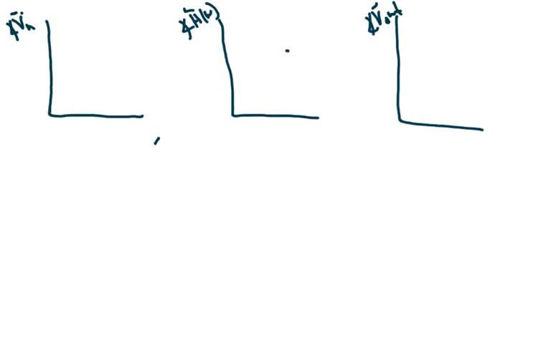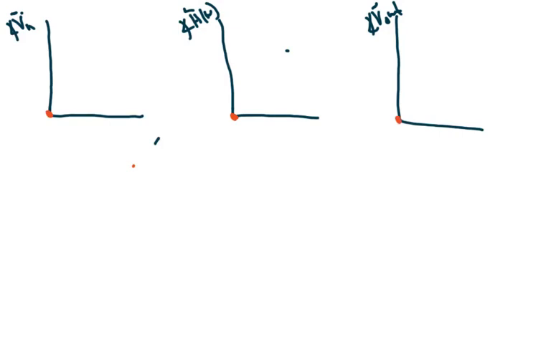Okay, so the angle for Vin at omega is 0 was just 0 degrees. For the transfer function, the angle is also 0 degrees. And for Vout, we add those together, it's still 0 degrees.